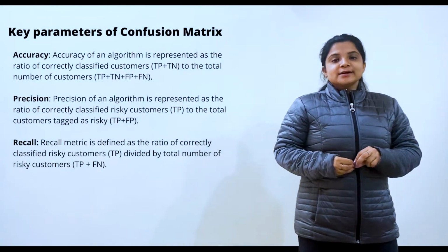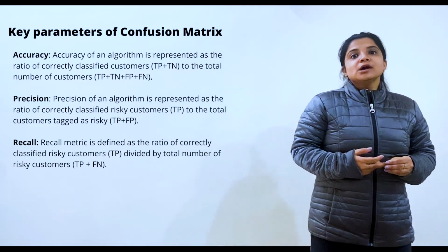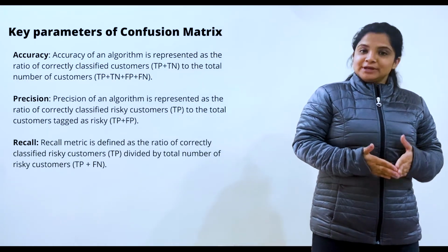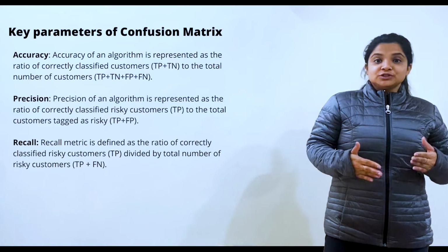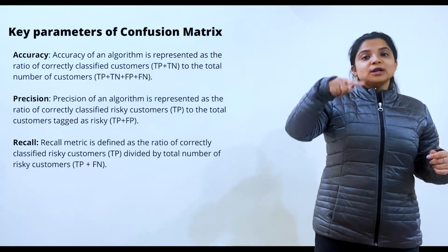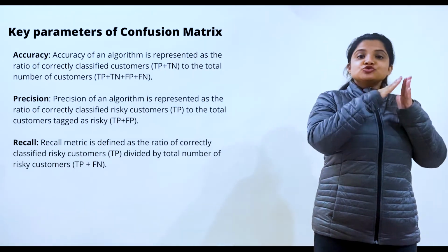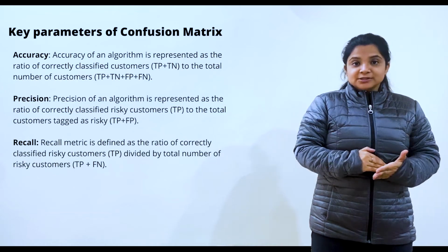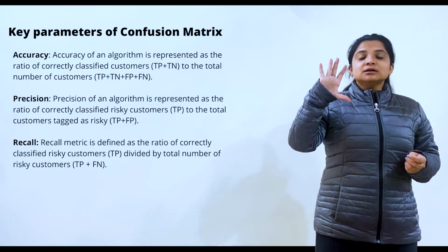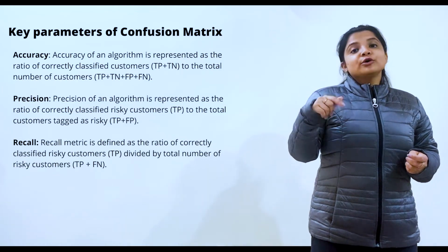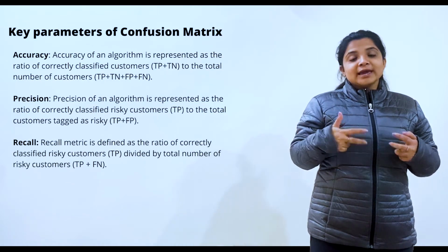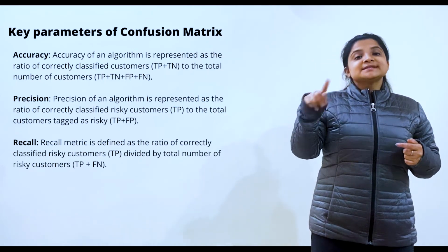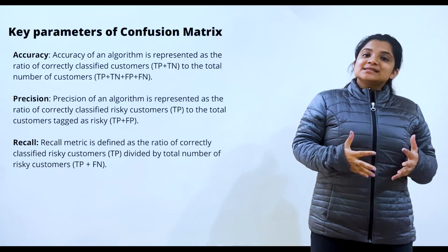Okay, now let's talk about the third parameter that can be studied from the confusion matrix, that is called the recall feature. If you look at the first column of the confusion matrix, that is the true positives and the false negatives, we can calculate the recall feature from looking at these two components in the matrix. What does this feature tell us?